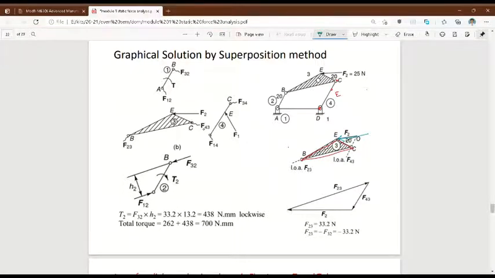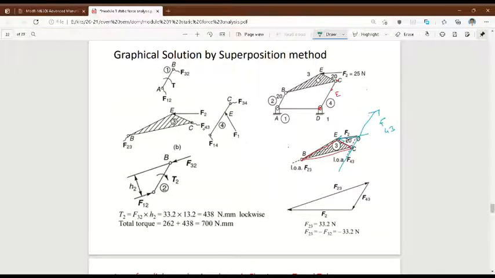Now, along CD, that is parallel to CD, draw F43.